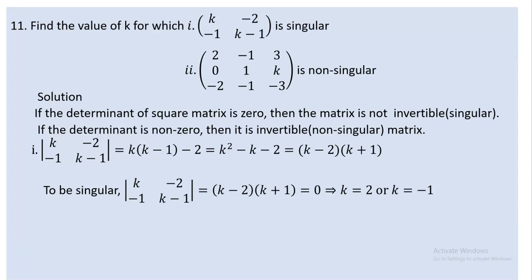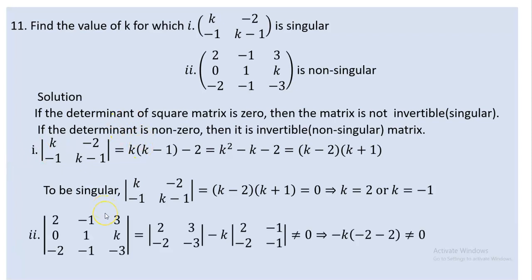Now proceeding to the second case, where the next matrix is non-singular. In this case the determinant should be different from 0, as I said earlier. So we have to look for the determinant of this 3 by 3 matrix. As you see, the entries are here.